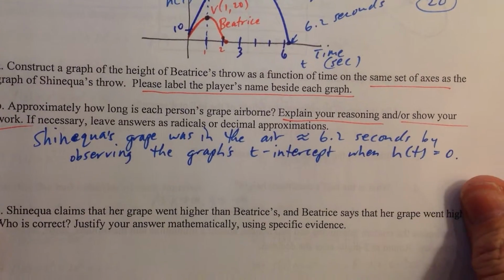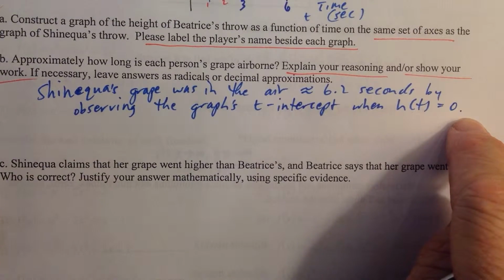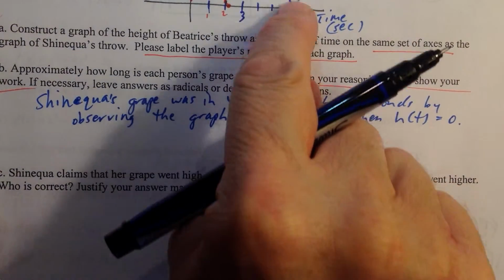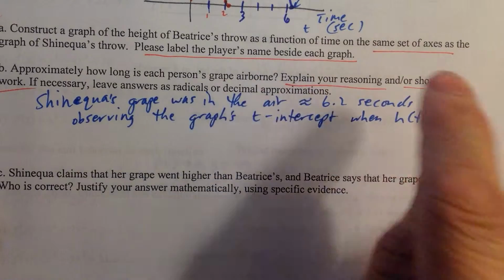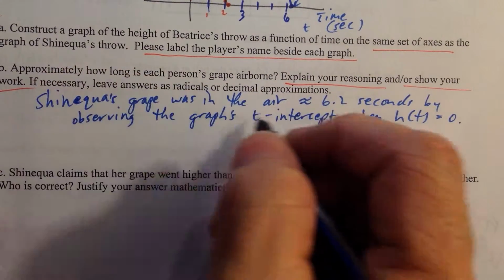That's what we really want to make sure you know: when the height is 0, that's when the grape hits the ground, and the grape hits the ground at a certain time. That time is about 6.2 seconds. So you get 2 points for just doing that.